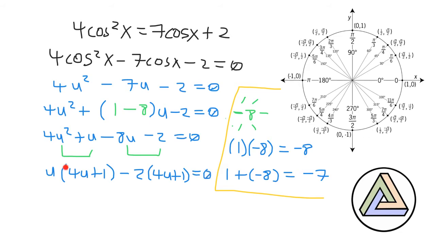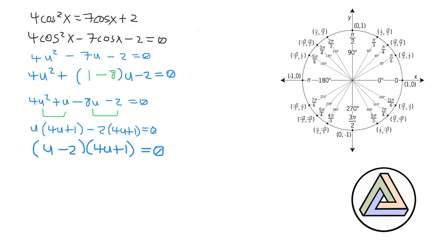So what do we do on the next line once we've got this going? Well, we preserve the MVP. The MVP is 4u plus 1. You've got your empty parentheses over here, set equal to 0. What goes in these empty parentheses? Well, everything here that is not 4u plus 1, namely u minus 2. So now we can set up two separate equations: u minus 2 equals 0, and another equation that says 4u plus 1 equals 0.